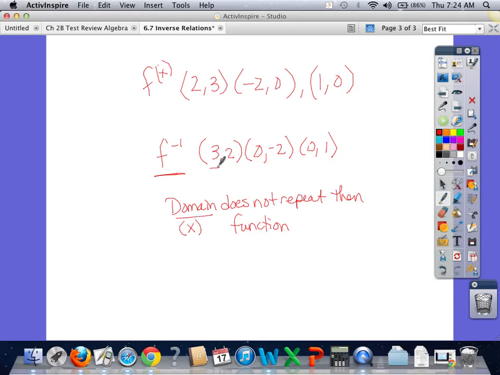So right here, our x's are right here in the front. We have 3, 0, and 0. So our inverse is not a function because we had 2 zeros. It's still an inverse. It's just not a function. When you look at our original, it was a function because it was 2, negative 2, and 1. That is a function, but its inverse can not be a function.